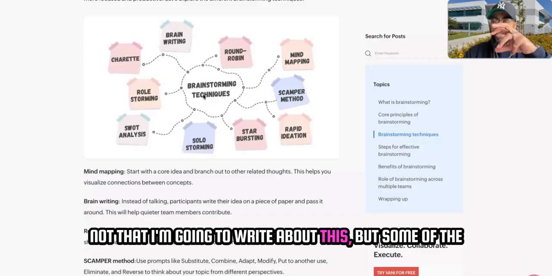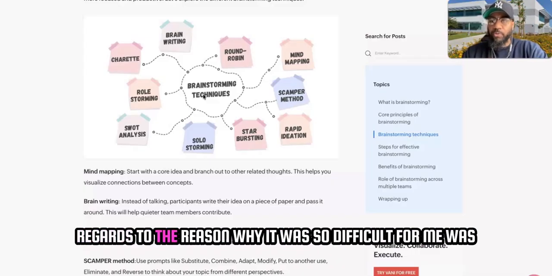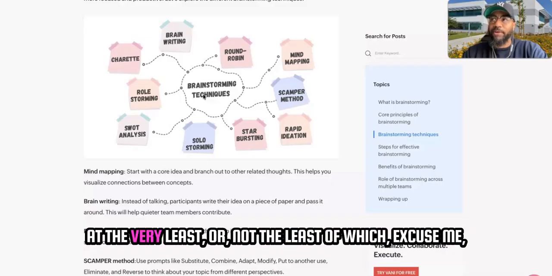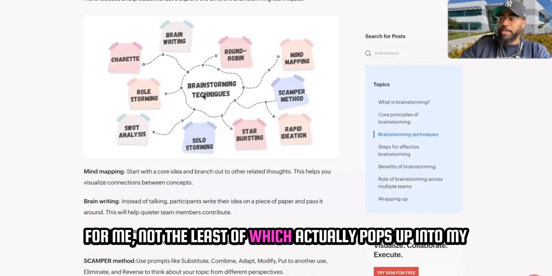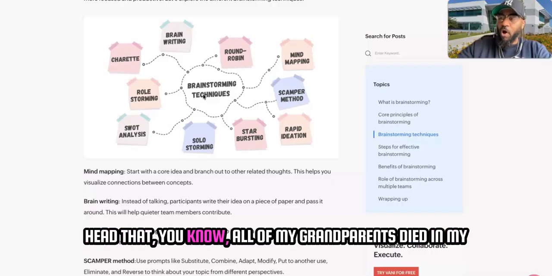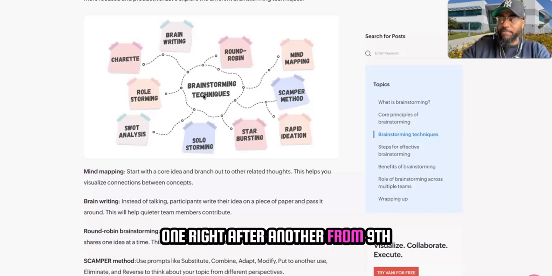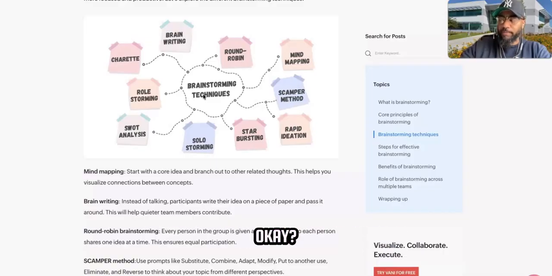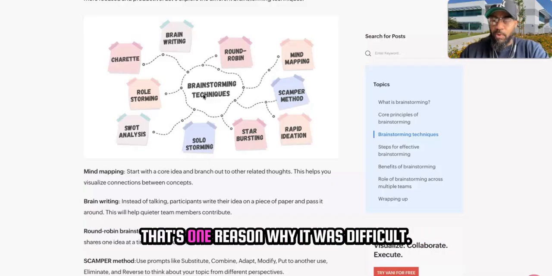Not that I'm going to write about this, but when I think about the reasons why it was so difficult for me, not the least of which is that all of my grandparents died in my high school years, one right after another, from ninth grade all the way through 12th grade. Every single one of my grandparents passed away. That's one reason why it was difficult.